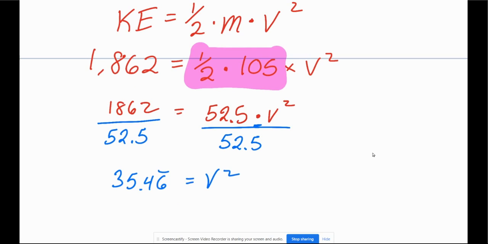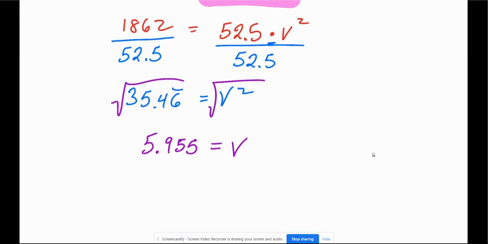The opposite of square is square root, so we're going to square root both sides. And I get a velocity of 5.955, which will be my velocity. And if you want to round up and you want to say 5.96, that's fine.